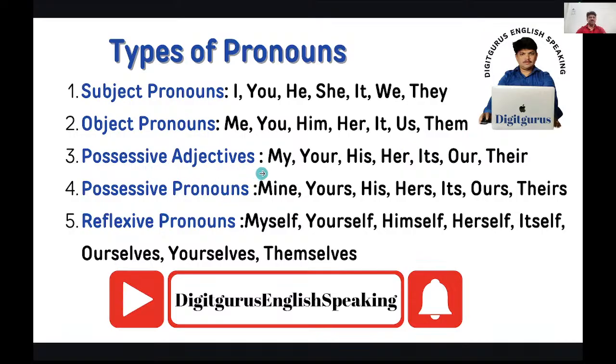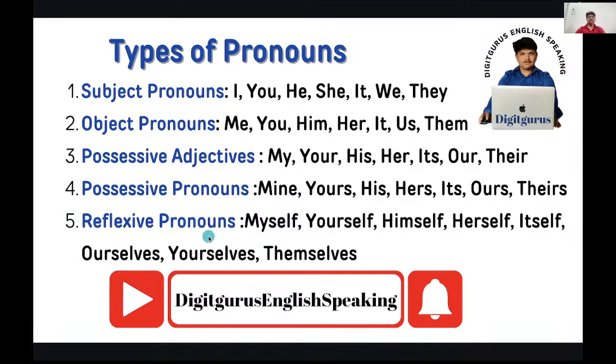Possessive adjectives: my, your, his, her, its, our, their. In possessive pronouns: mine, yours, his, hers, its, ours, theirs.